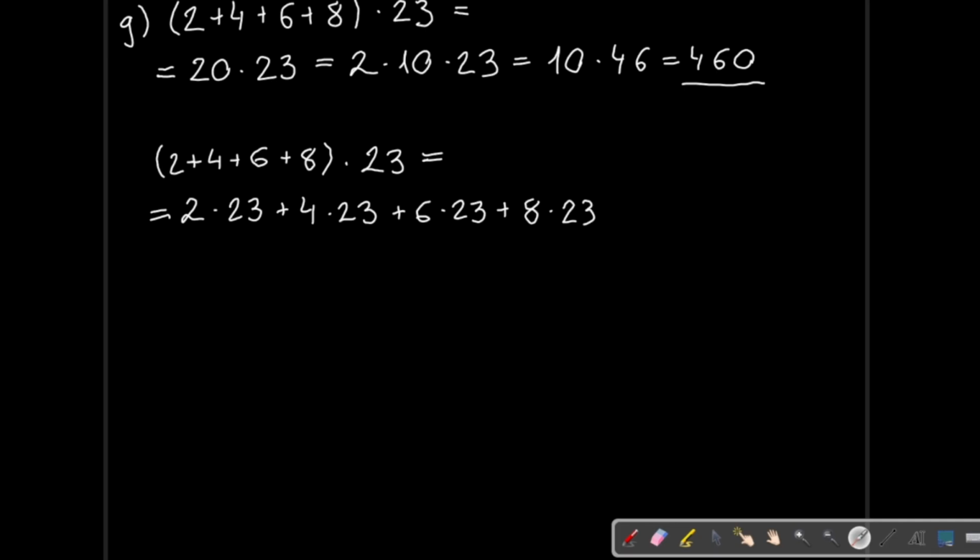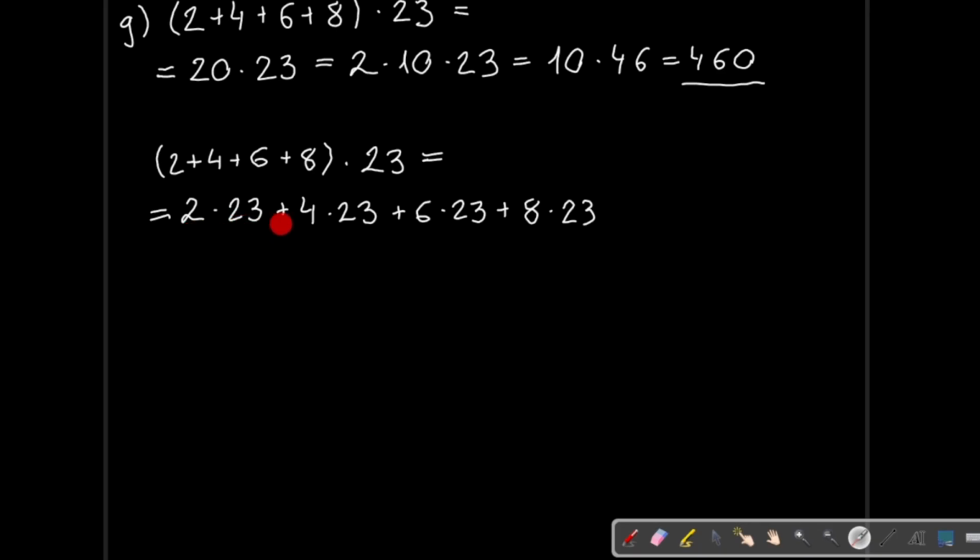What do I mean by that? We have 2 23s, we have 4 23s, 6 23s, and 8 23s here. So we can just add 2, 4, 6, and 8 together, and then we get again 20 times 23. See, so we can imagine, instead of a 23, we have like an apple here.